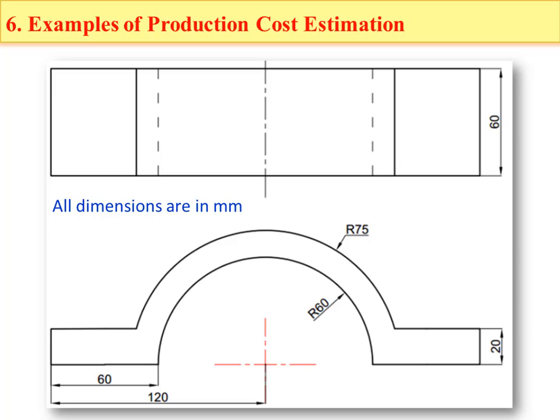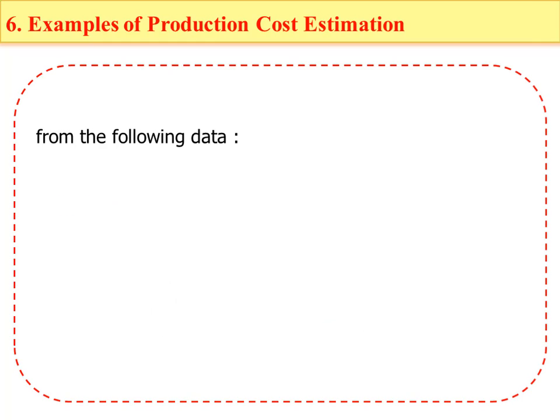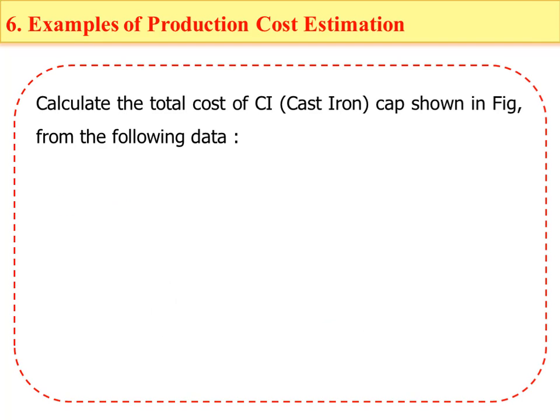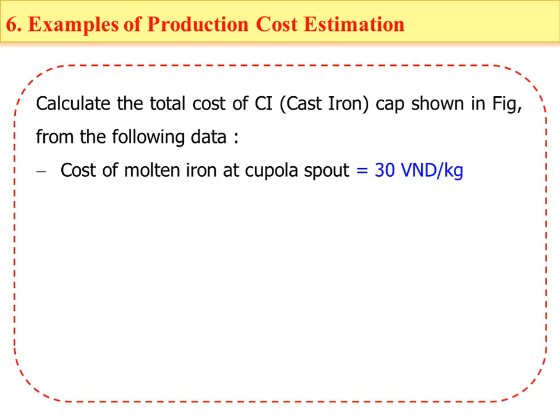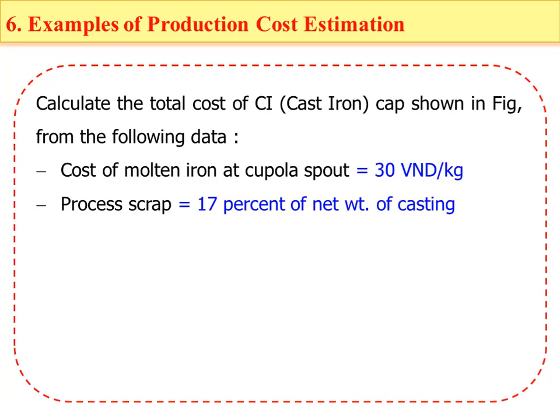Now, example of production cost estimation. The picture below shows the example object. Remember, all dimensions are in millimeters. Now you must calculate the total cost of the cast iron component shown in the figure from the following data. First, cost of molten iron of cupola spout equals 30 Vietnam dong per kilogram.